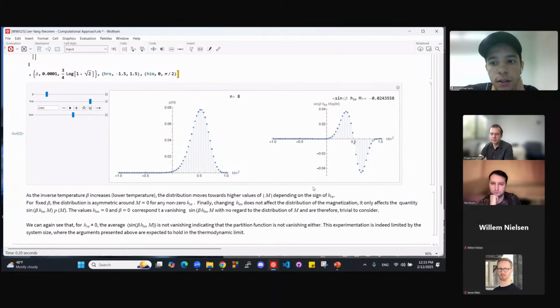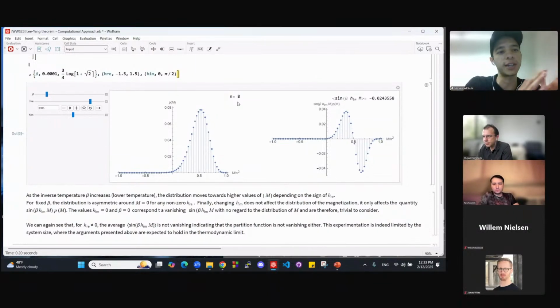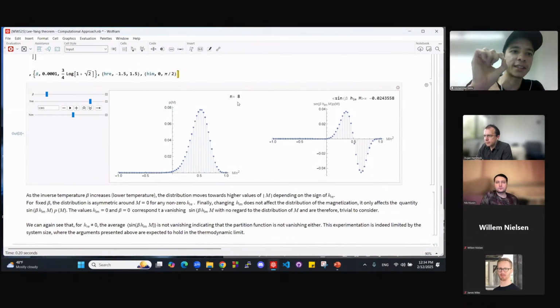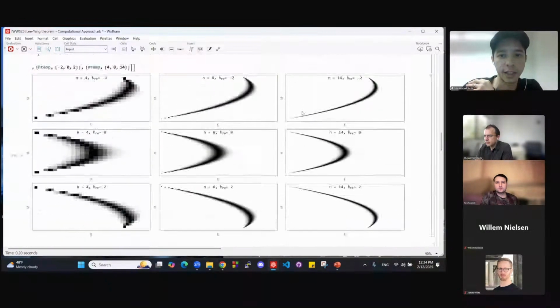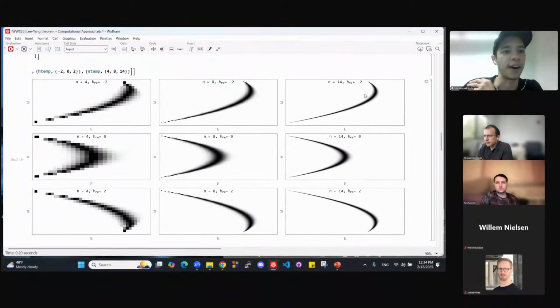Yeah. Because the statements that I'm making for finite size are not exact. The statement that the contribution is perfectly symmetric is not true unless you go to the thermodynamic limit, where for every magnetization there is one energy that's going to dominate.